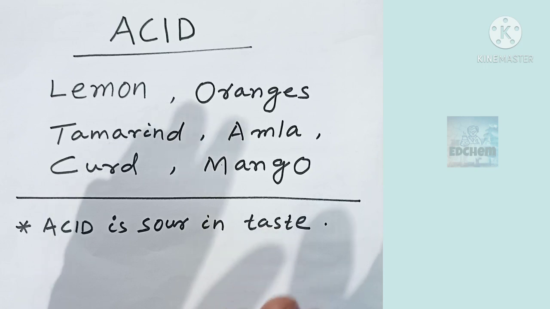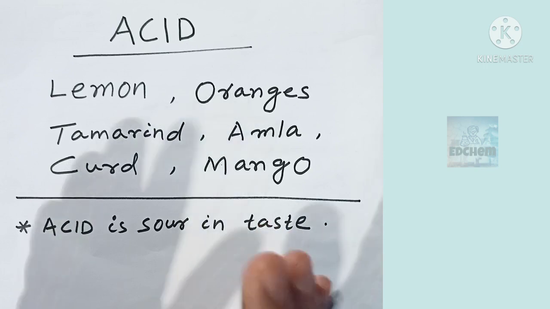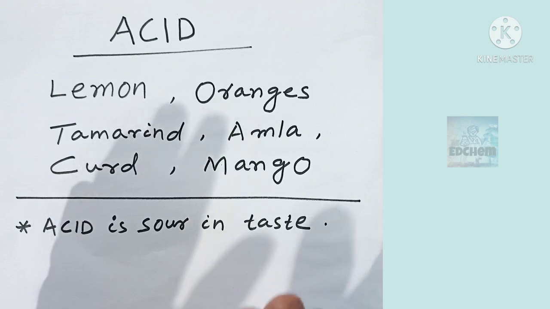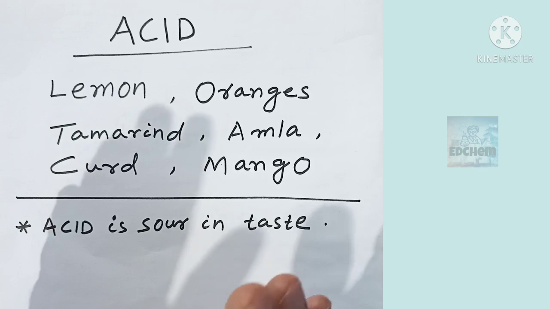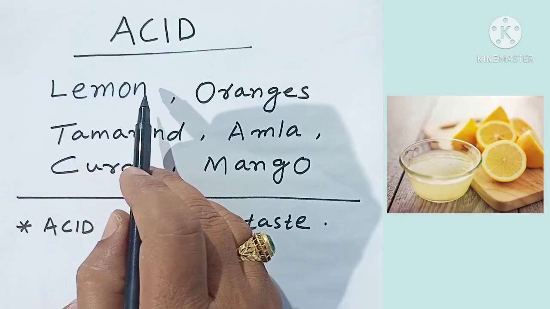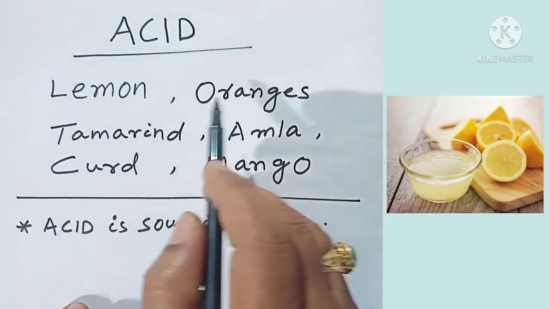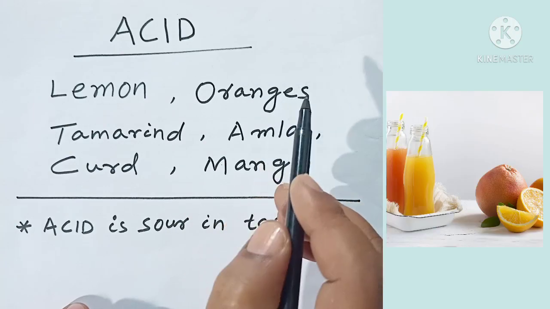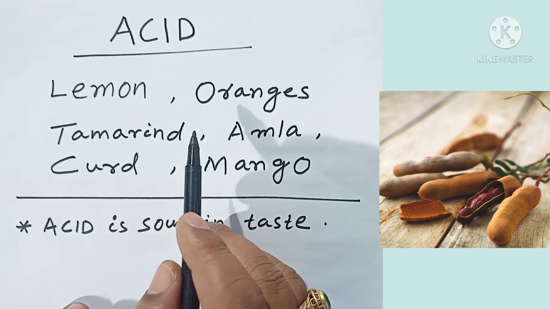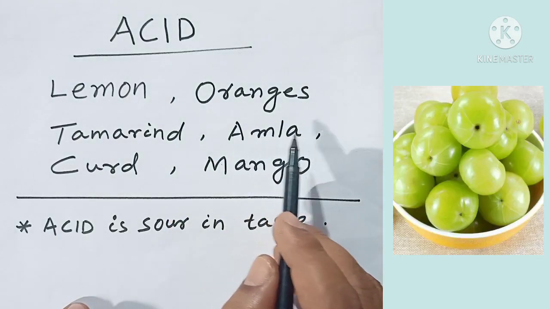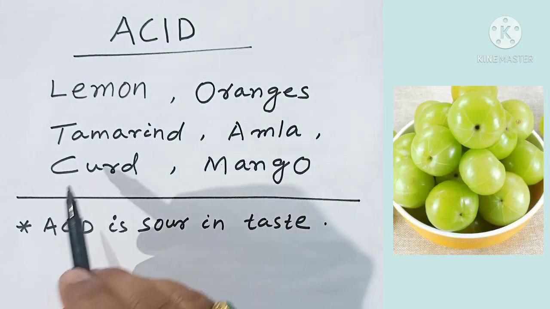Okay, I am not saying it directly. You just imagine, you guess it. I am giving some hints about the taste of acid. Lemon contains acid. Oranges contain acid. Tamarind contains acid. Amla contains acid.